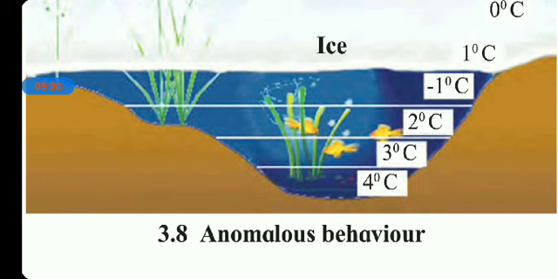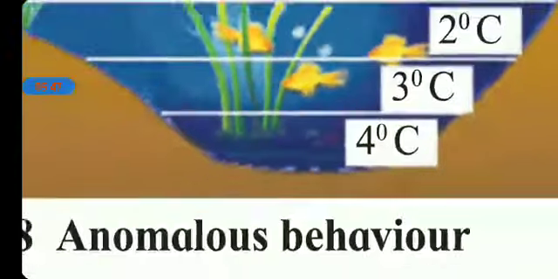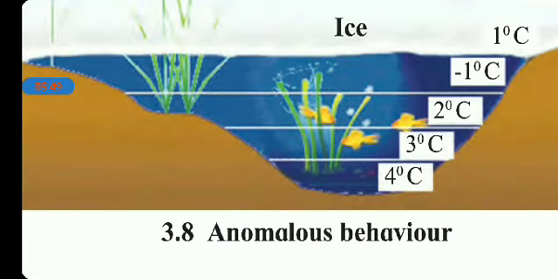See, till 4 degrees it will behave as normal, and once it reaches 4 degrees, water has maximum density. So this dense water starts moving to the deeper layer. The space in the lower portion of the lake will be occupied by this 4 degrees Celsius, denser water.